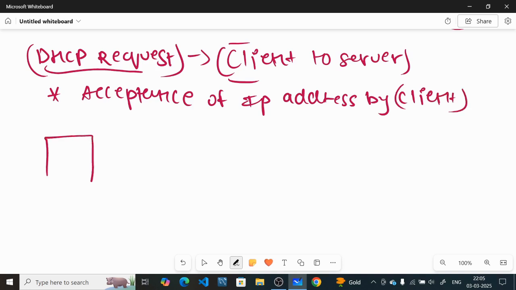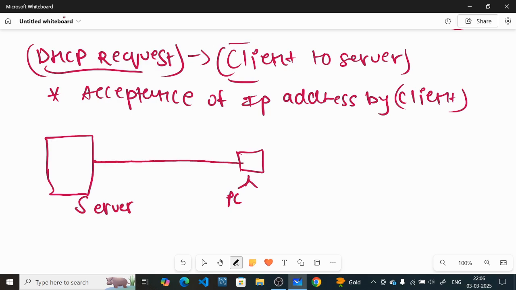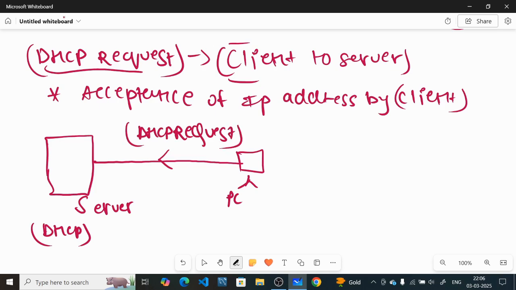Suppose this is the server, this is my machine, PC, server. The client sends the information to the DHCP server. What is the packet name? The packet name is DHCP request. The client sends the DHCP request packet, and what information does it contain?